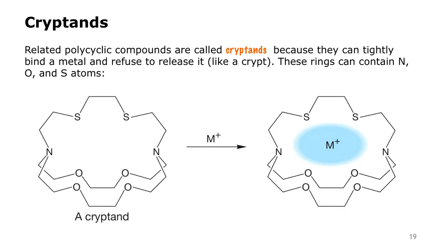Some cryptands contain sulfur. There are often nitrogen atoms that play the role of holding on to the chains that form the cage. Again, these are designed to grab hold of particular metal ions, and this particular cryptand, for instance, can coordinate to a metal ion of a particular size.